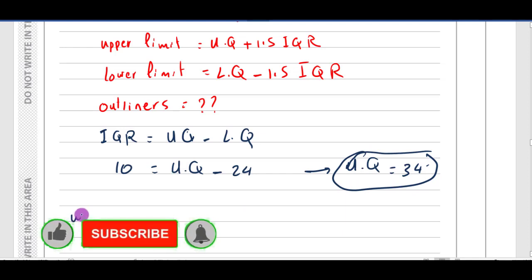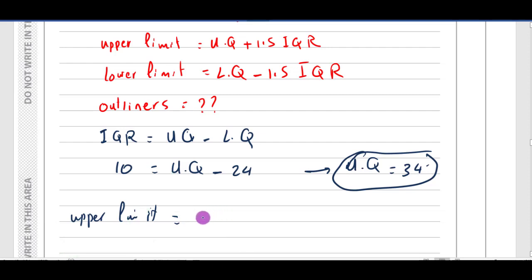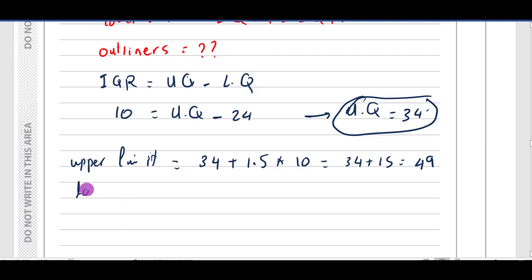Now the upper limit is equal to 34 plus 1.5 multiplied by 10. So 34 plus 15, which is equal to 49. Now the lower limit is equal to the lower quartile 24 minus 1.5 multiplied by 10. So it's 24 minus 15, which is equal to 9.